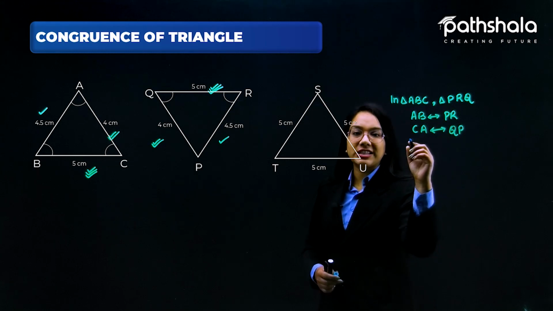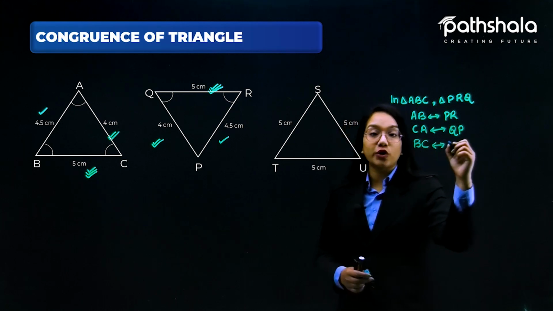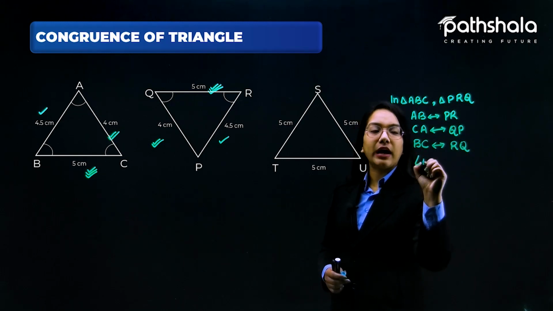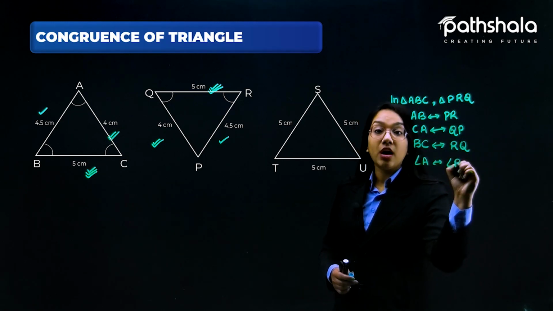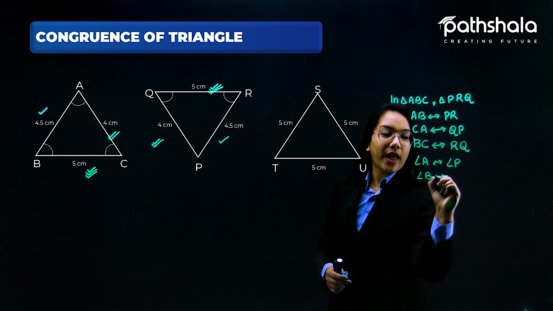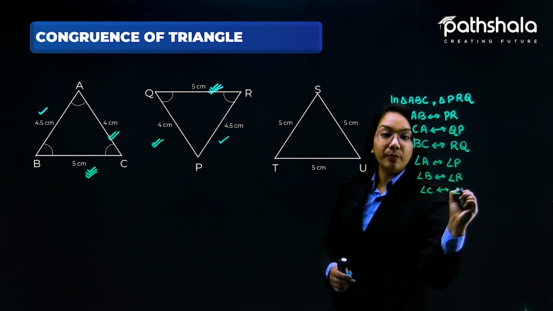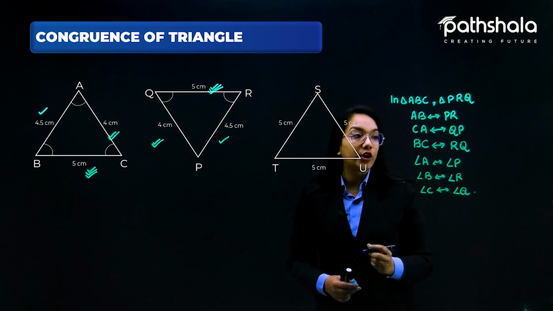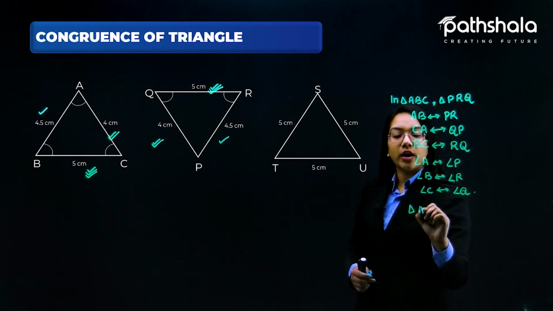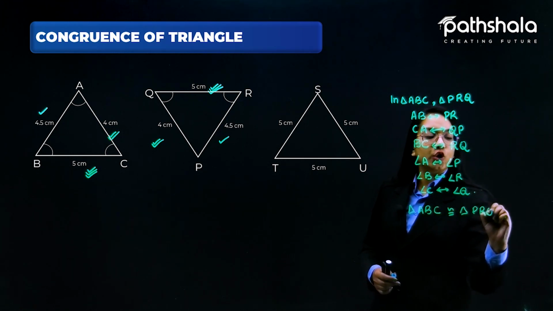Now furthermore, we can say that the BC side actually corresponds to RQ. And furthermore, by assumption, angle A corresponds to angle P, angle B corresponds to angle R, and angle C corresponds to angle Q. So we can say from this that the triangle ABC will be congruent to the triangle PRQ.